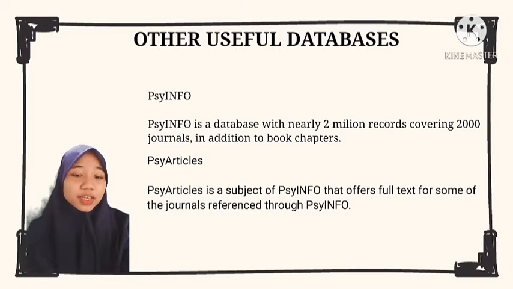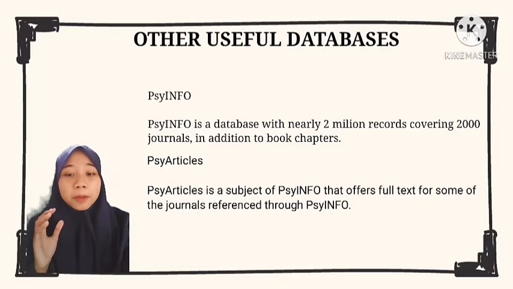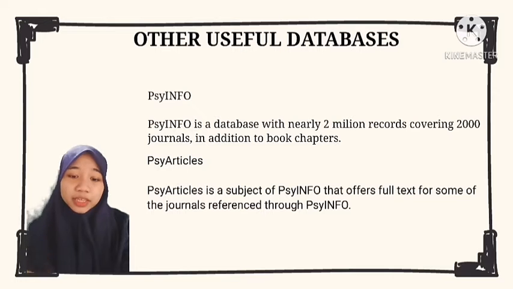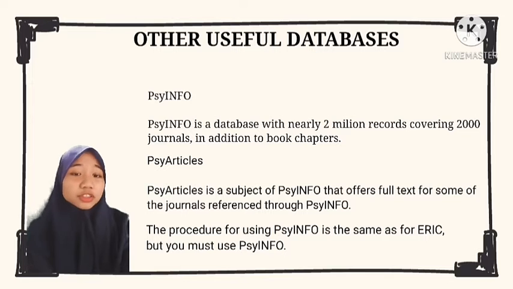The source of its information is the periodical Psychological Abstracts, which has been analyzing and abstracting psychology and related journals since 1997. The procedure for using PsycInfo is the same as for ERIC, but you must ask for PsycInfo.